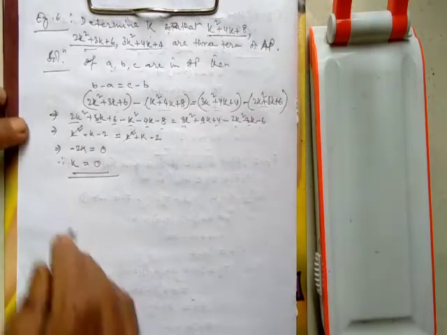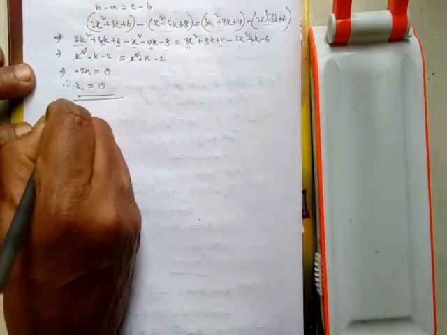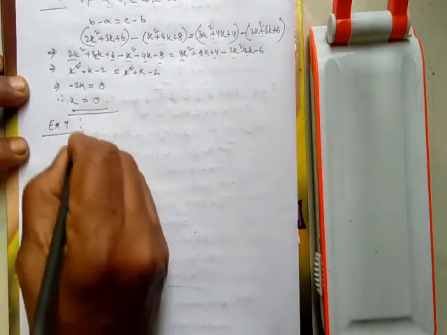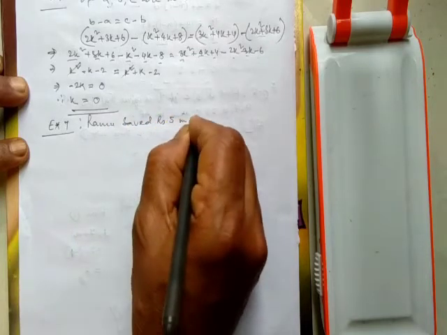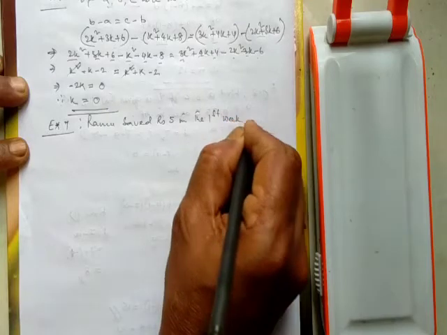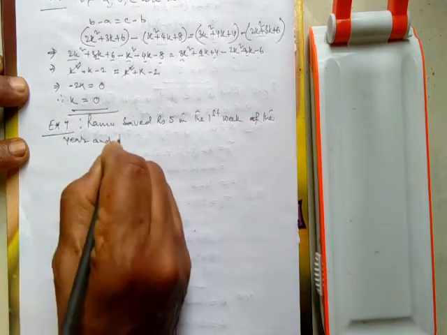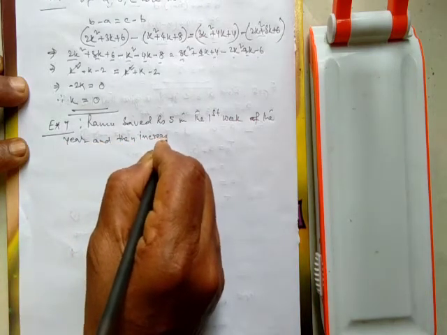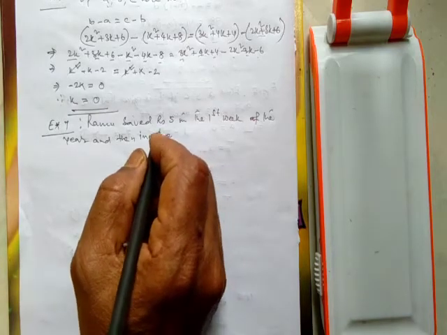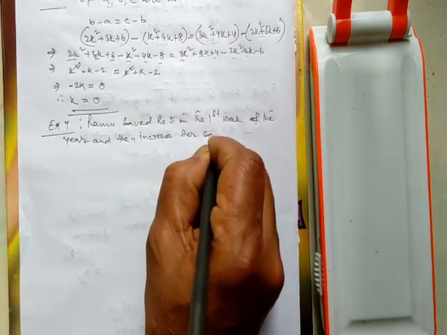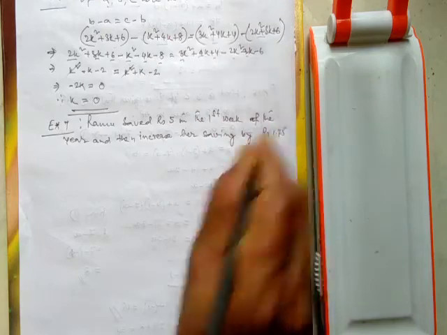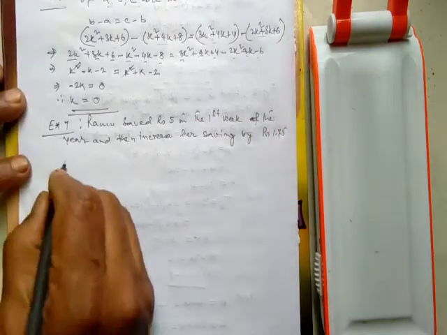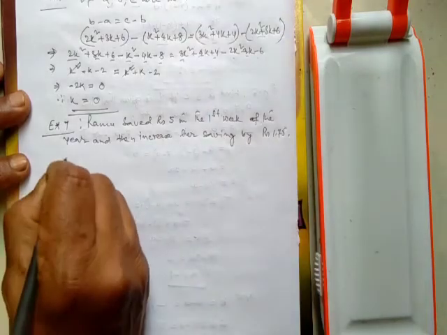Next, example number 7. Ramu saved rupees 5 in the first week of the year and then increased her saving by rupees 1.75 each week.